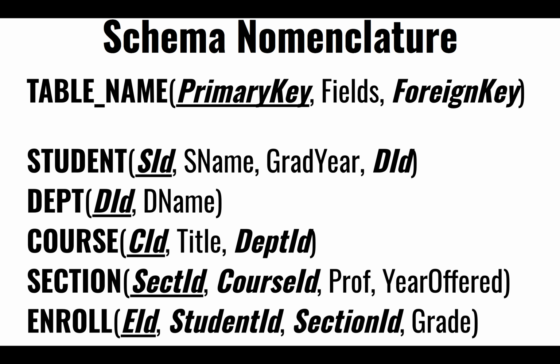Whereas all the other fields that are referring to one another, like primary keys, are going to be bold, italic, and underlined. Those are going to be primary keys, and foreign keys are going to be the same, but they're not going to be underlined.